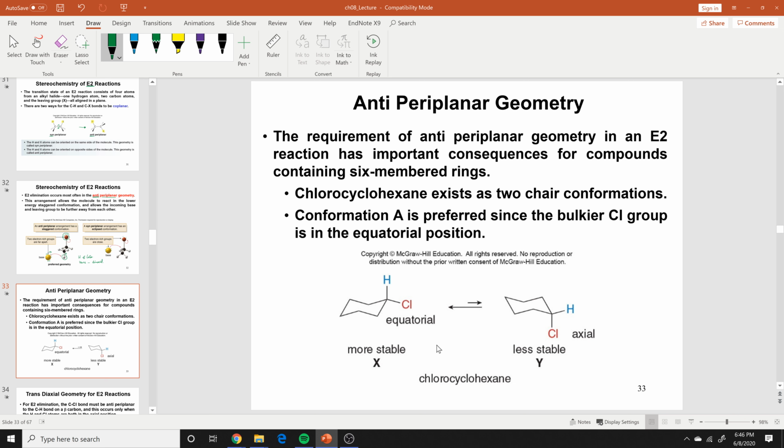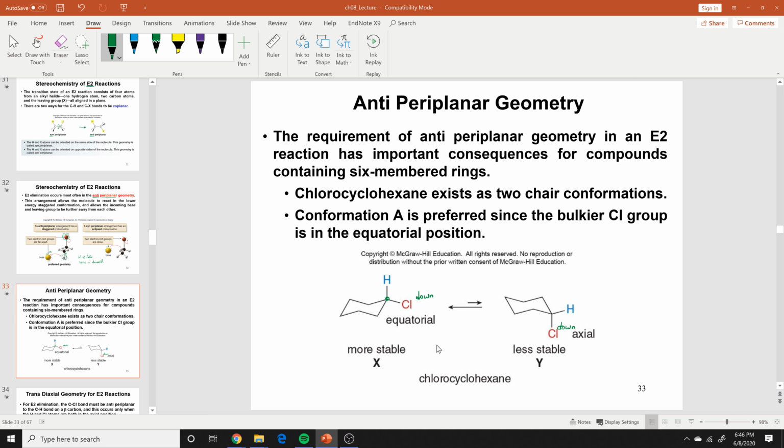Well, we know that equatorial is more stable than axial, and you can simply do a flip of the chair conformation, and you can see that the chlorine here is on the equatorial, this is down, so you flip that, and the chlorine will remain down. It will remain down in this case, but now it is axial.